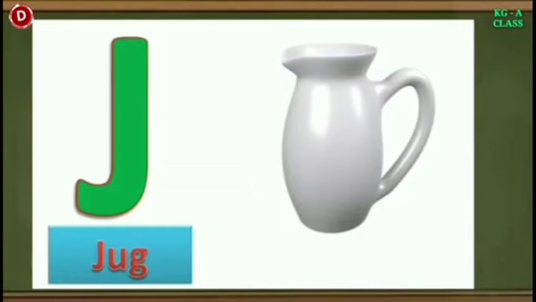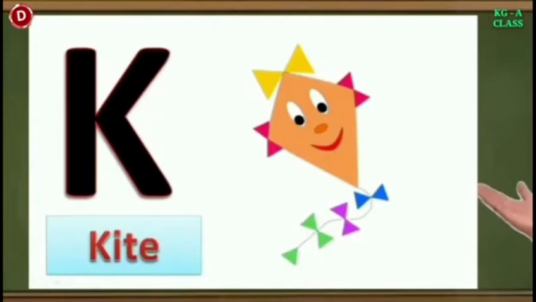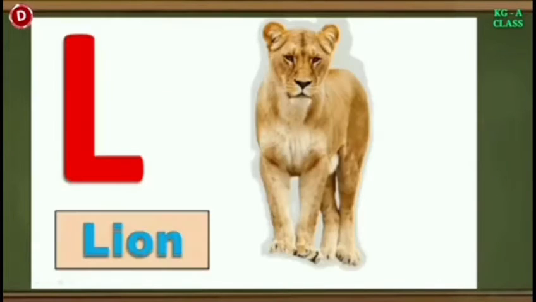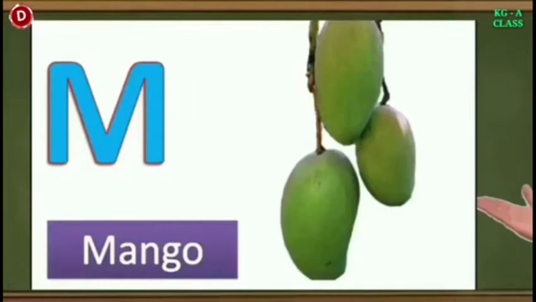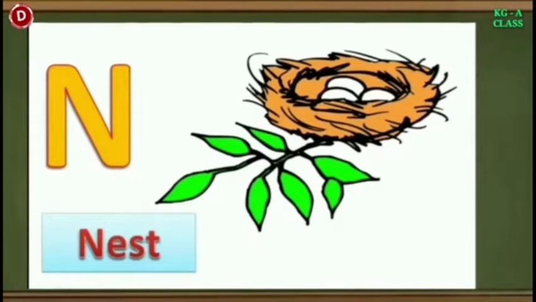Children, after J, this is K. K for kite. Next letter is L. This is L. L for lion. Now comes M. M for mango. Summer is the season of mango. Now comes N. N for nest. The bird lives in a nest.